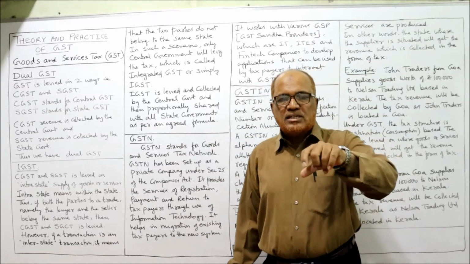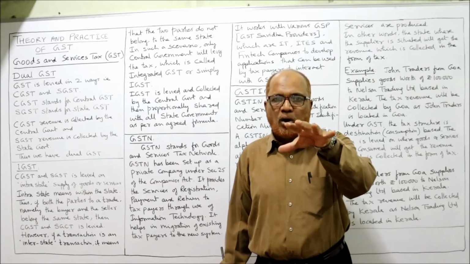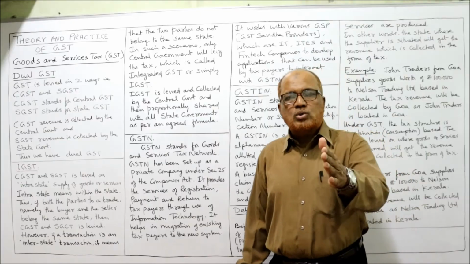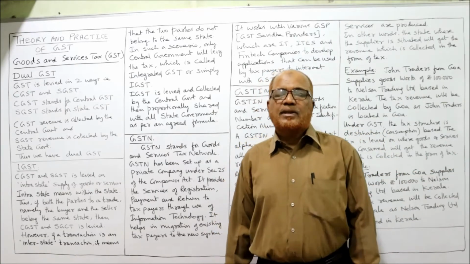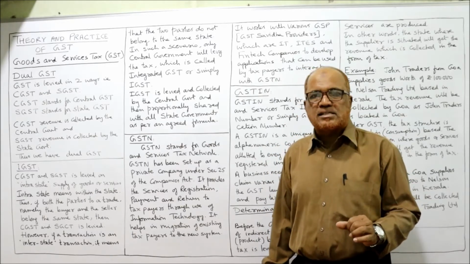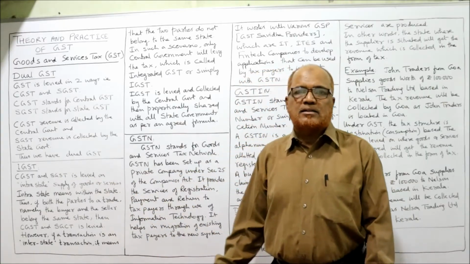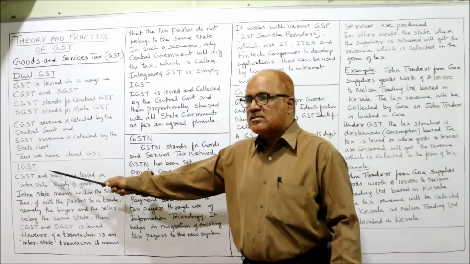So CGST and SGST will be applied when the buyer and seller belong to the same state. But sometimes the buyer belongs to one state and the seller belongs to another state. In that case, CGST or SGST will not be applied. In that case, IGST, Integrated Goods and Services Tax, will be applied.